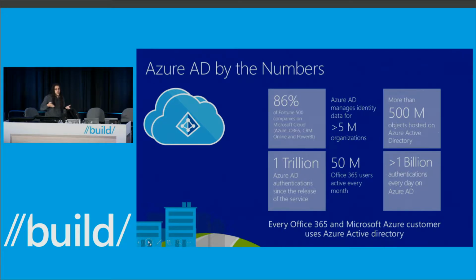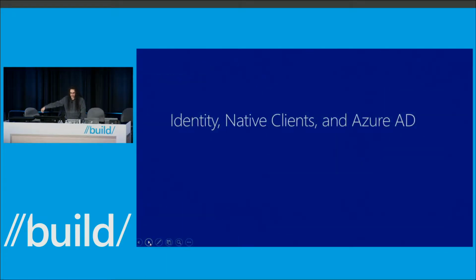Every day, we do more than 1 billion authentications with many nines of availability. So even if you try to do this yourself with your own hardware, it's just difficult to achieve that. So this is why we are doing it. Then I will not touch this again through the rest of the presentation.